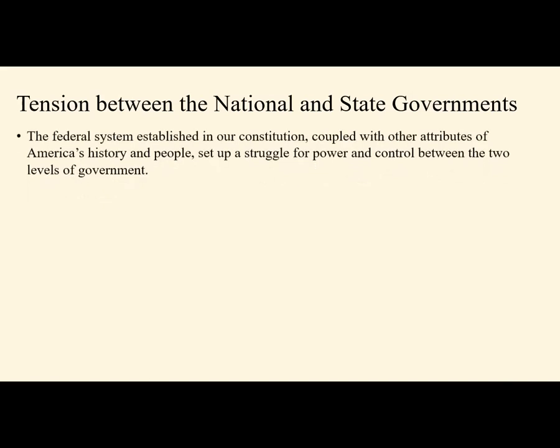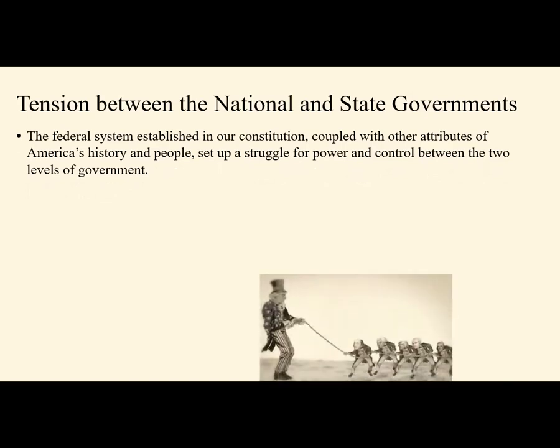The federal system that was established in our Constitution, coupled with other attributes of American history and its people, set up a struggle for power or control between the 2 levels of government. So, like a tug of war that you see here demonstrated in this graphic.